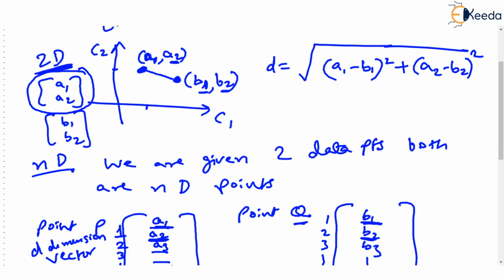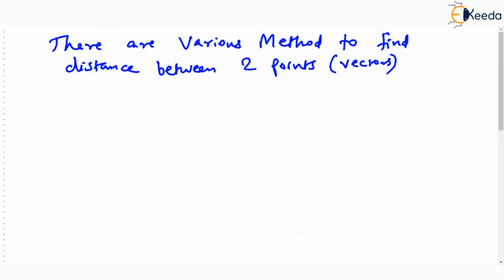So whether you call it a 2-dimensional point or 2-dimensional vector, it's one and the same. In fact, a point is a vector or a vector is a point. By the way, when we say we are finding the distance between 2 points, we are finding the distance between 2 vectors. The first vector is this, the second vector is this. So there are various methods to find the distance between 2 points or vectors.